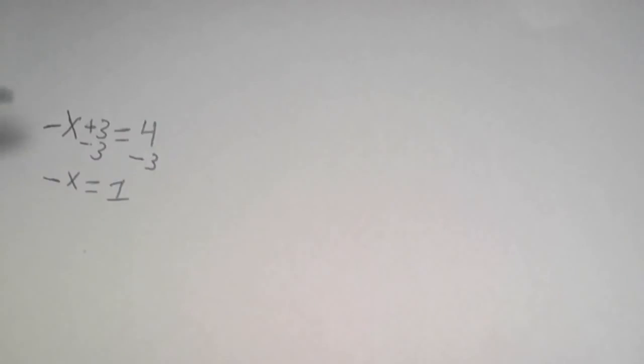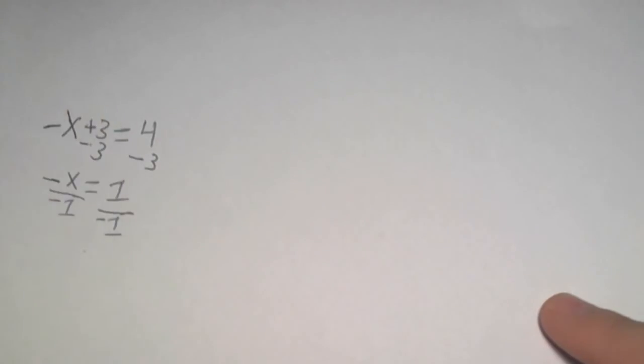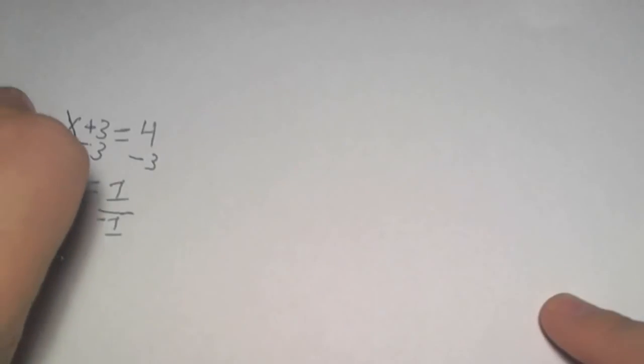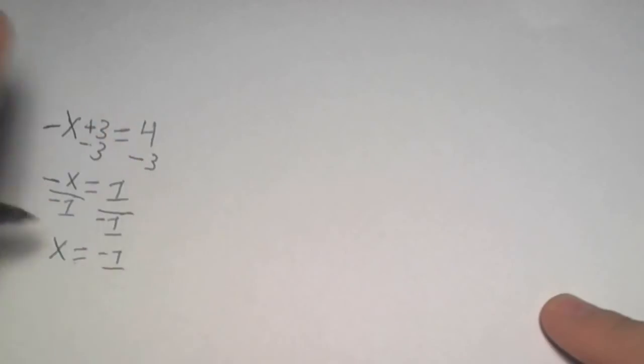Okay, so it's kind of simple when you have a negative x. All you do is multiply, well, in this case, divide by negative 1, and you end up with x equals negative 1.